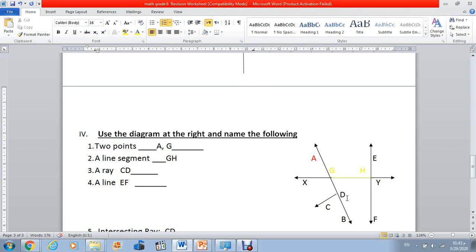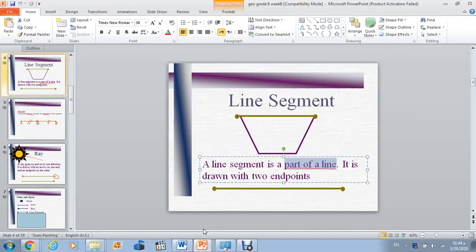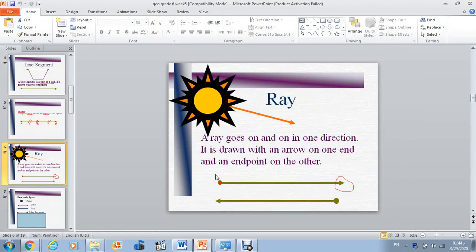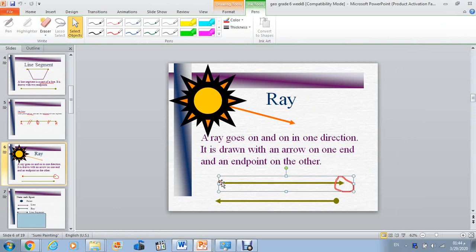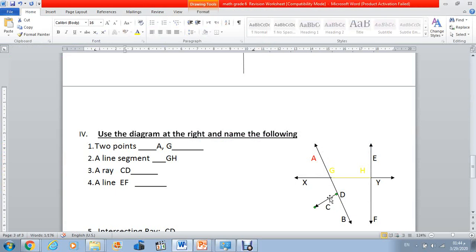Now it asks you to provide a ray. What's a ray? A ray has an endpoint on one side and an arrow on the other side. Let's go here to see. Of course, we have CD here. It has an arrow on one side and an endpoint on the other side.